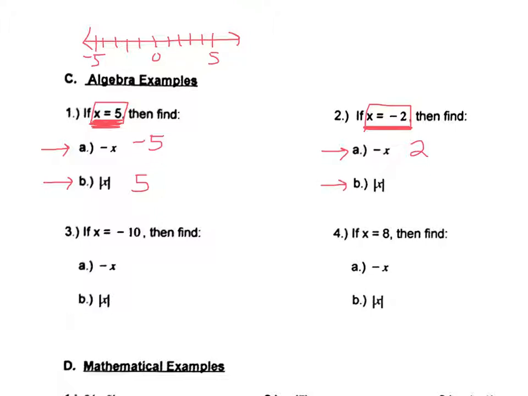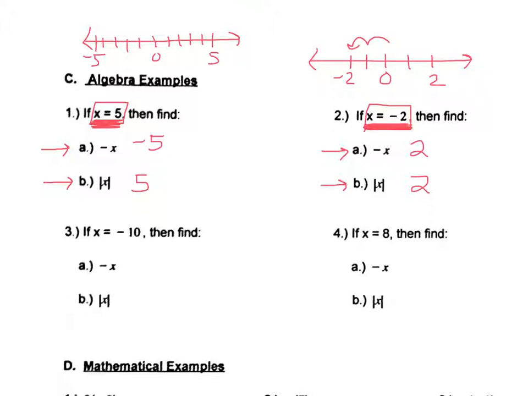That's asking me how many steps does it take me to get to -2? Just 2. So again, here's a picture. Here's 0. Here's -2. If I want the opposite of -2, I go in the opposite direction. If I want the absolute value, I just count my steps, 2 steps.